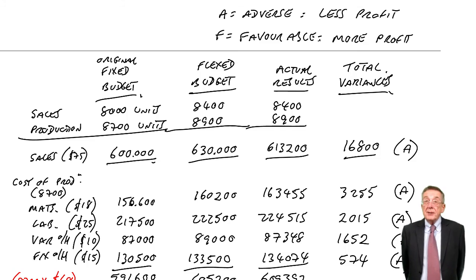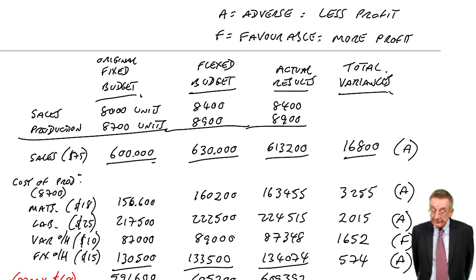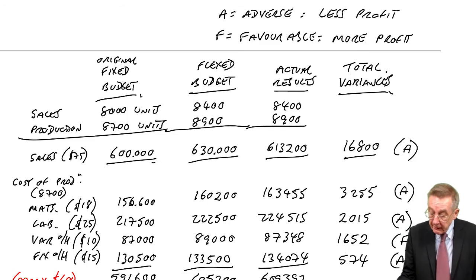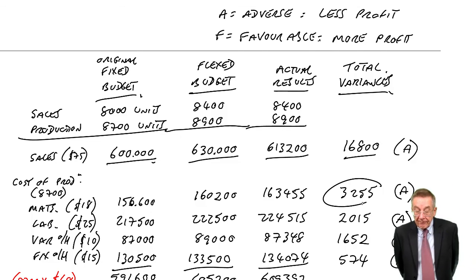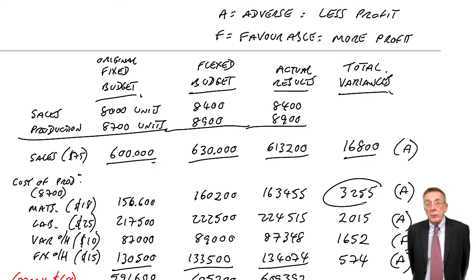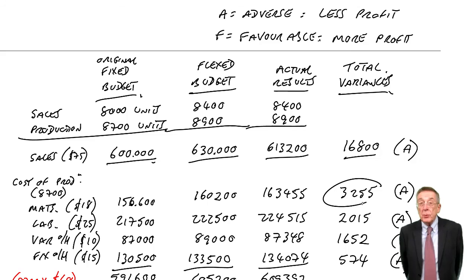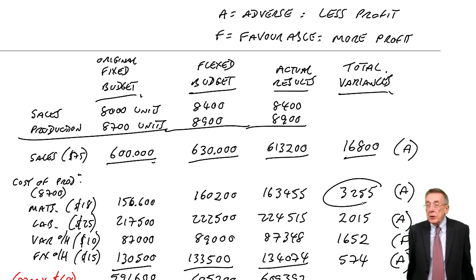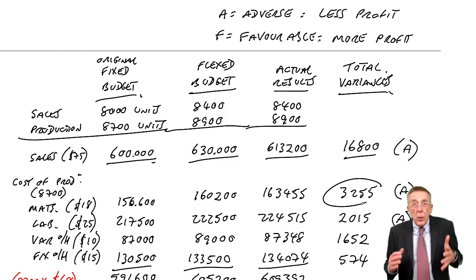However, the reason we've a lot more work to do now is just look at materials for a minute. We obviously overspent. We should have spent $18 a unit. We spent more. But why? Management will want to know, why did we overspend? What was it that went wrong?